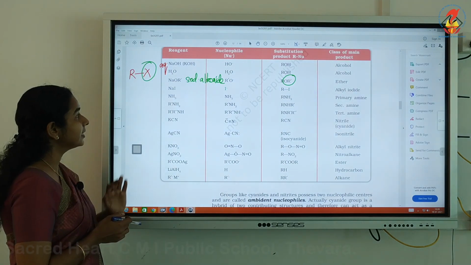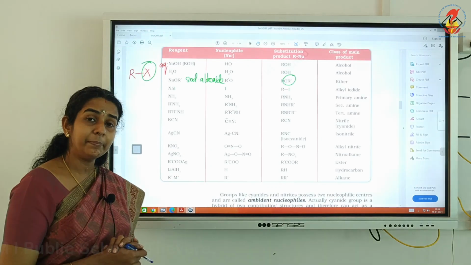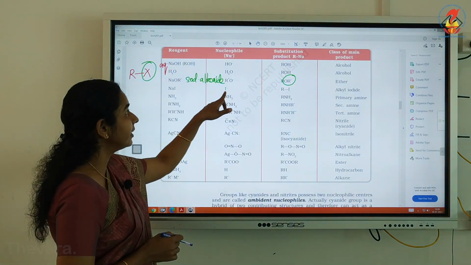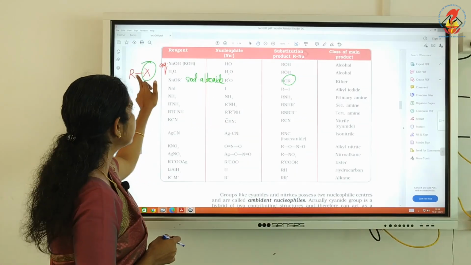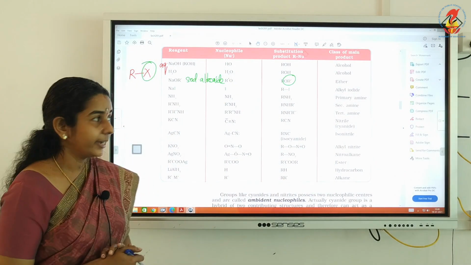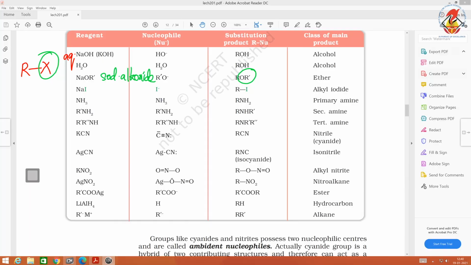Now the next reagent is NaI. NaI ionizes into Na plus and I minus. So when alkyl halides react with NaI, the nucleophile is I minus. X will be replaced by I and we get the product as alkyl iodide. Next, ammonia is the reagent. The nucleophile is ammonia itself, X is replaced by NH2, and the product will be a primary amine.